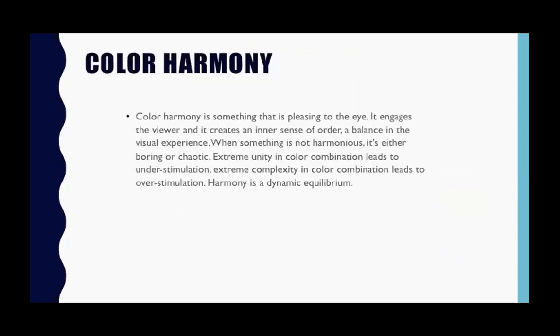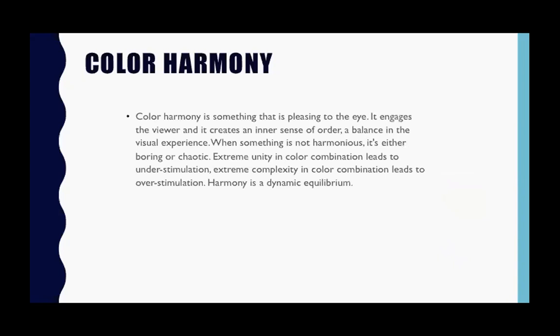Color harmony. Think about these things when you're creating your ad this week. Color harmony is something that is pleasing to the eye. It engages the viewer and it creates an inner sense of order, a balance in the visual experience. When something is not harmonious, it's either boring or chaotic. So you're kind of balancing that. Extreme unity in color combinations leads to understimulation.